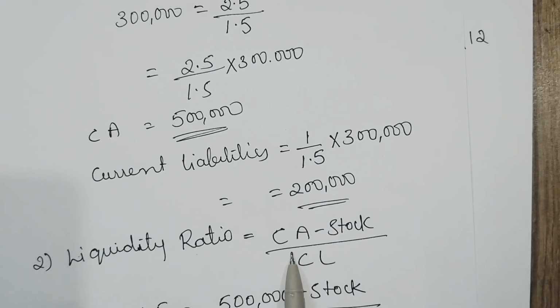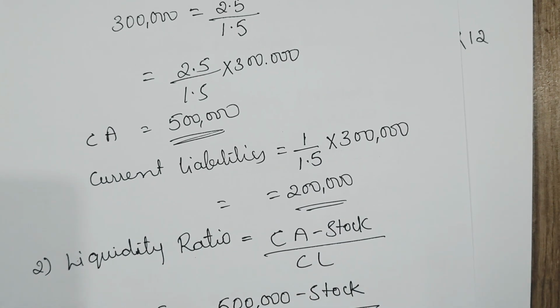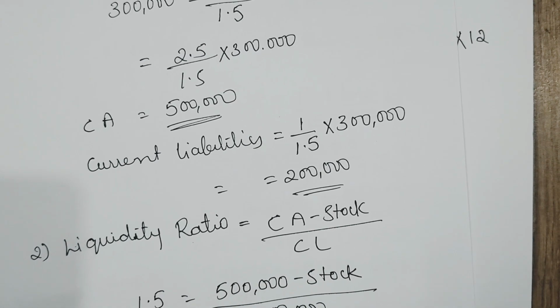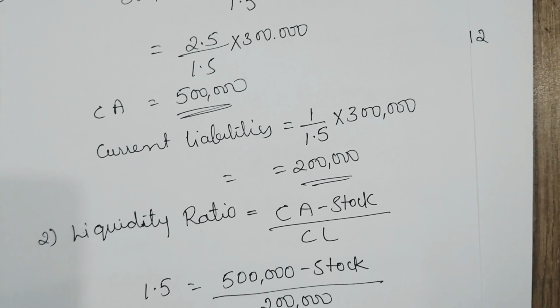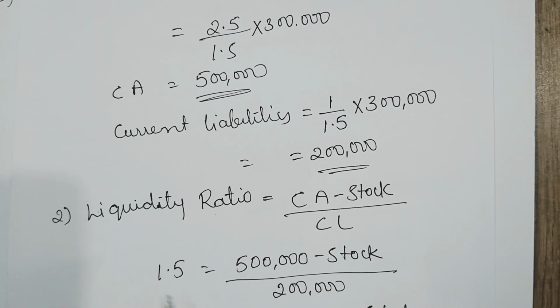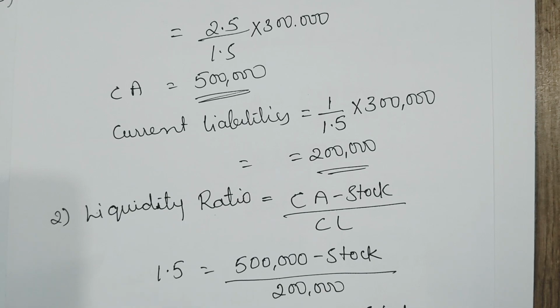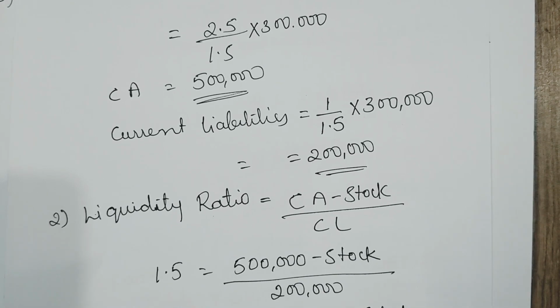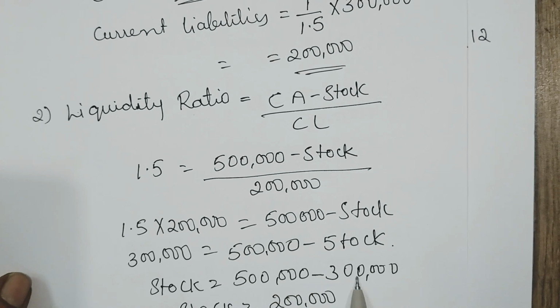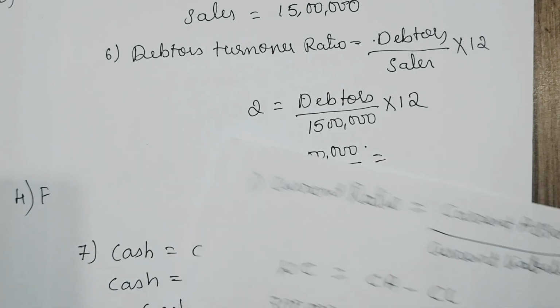Liquid ratio is current asset minus stock divided by current liability. Already we have calculated current asset 5 lakh and liquid ratio is given, that is 1.5 equals 5 lakh minus stock divided by 2 lakh. Cross multiplication, 2 lakh into 1.5 is equal to 5 lakh minus stock, that is 3 lakh. Then 5 lakh minus 3 lakh, we will get stock 2 lakh.